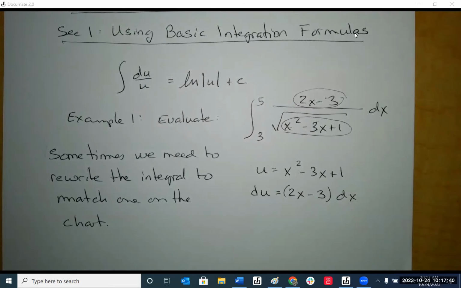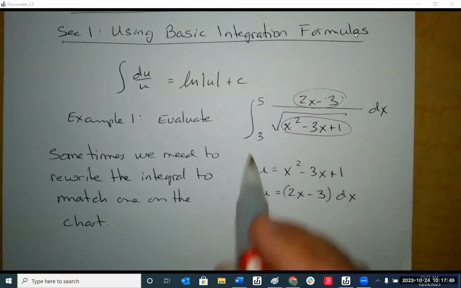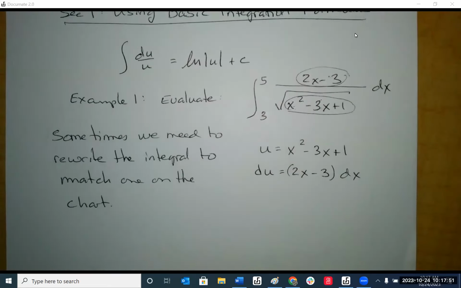What are we doing here? We're doing a transformation, right? A substitution, so to speak. So our equation is going to be transformed to that.